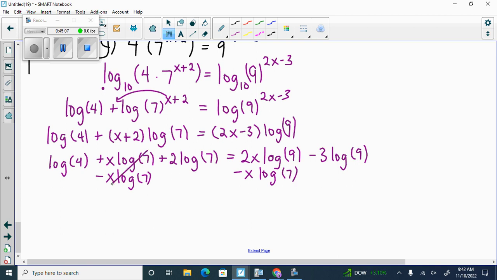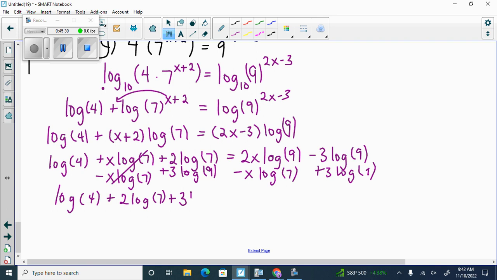And so I get log 4 plus 2 log 7 plus 3 log 9 equals 2x log 9 minus log 7. Ooh, after I write it, take out your x. That's why you got them together.